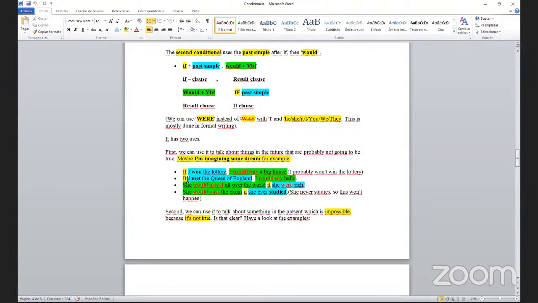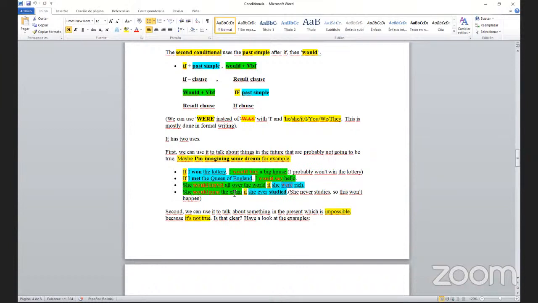Or maybe, for example, here, the verb is in simple past, but in affirmative, and the would plus the verb, in affirmative. We can start too with would. She would travel all over the world if she were rich. In this case, you can see that I am not using was, I'm using were, right?